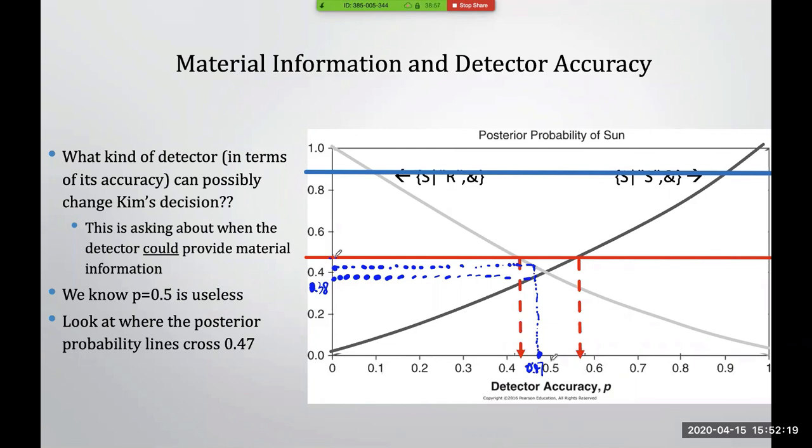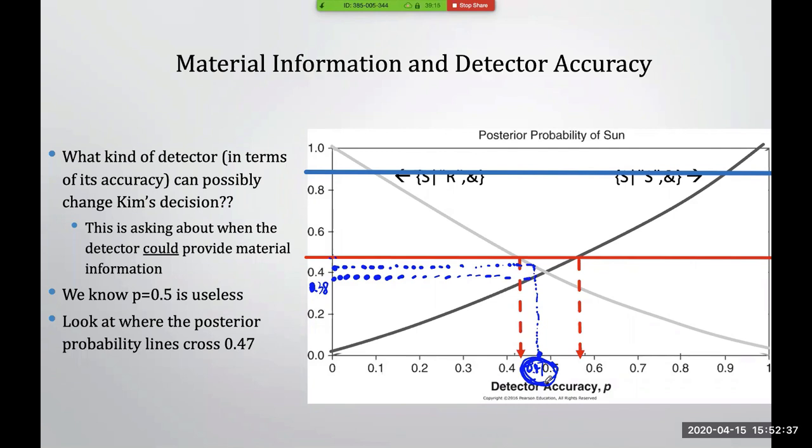Okay, so an accuracy of 0.47 will not change Kim's decision to porch or outdoor, no matter what message that detector sends.